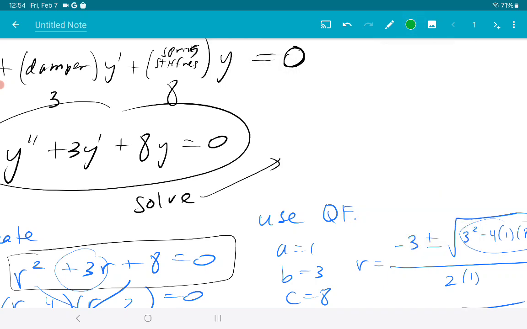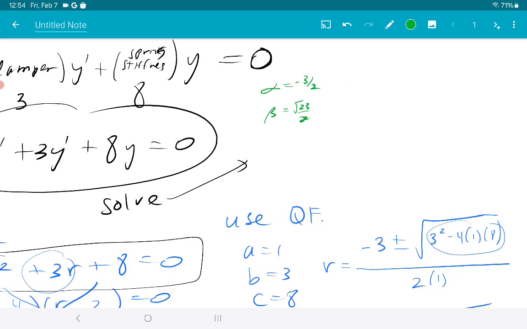Use a different color. Remember, our alpha was -3/2. You do have to include the negative with the alpha. For the beta, you don't really need it. You can just say it was square root of 23/2. Doesn't matter whether that's positive or negative, but the alpha definitely has to be negative.